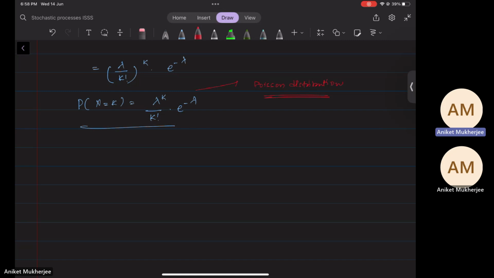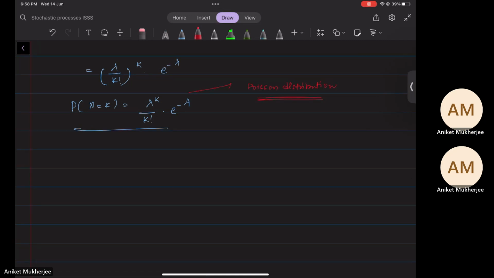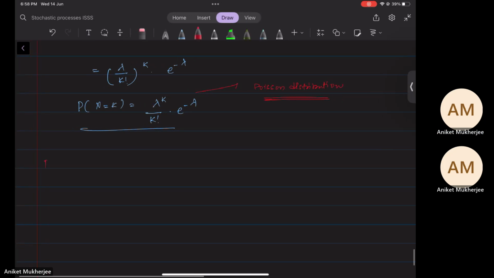Yeah, so now we'll go into the Poisson process. So a Poisson process is basically a counting process where this term is the number of events that has happened.